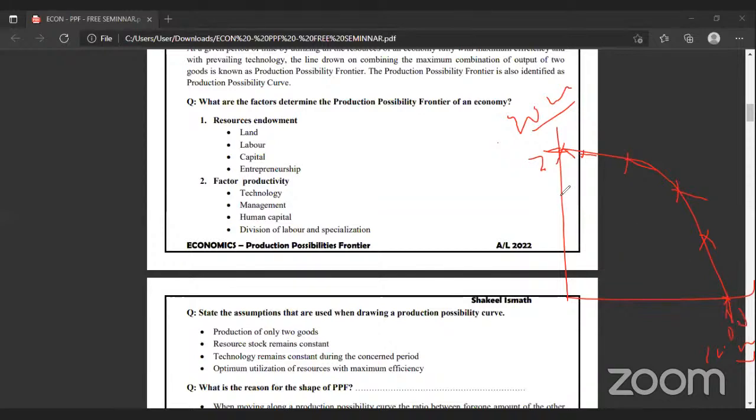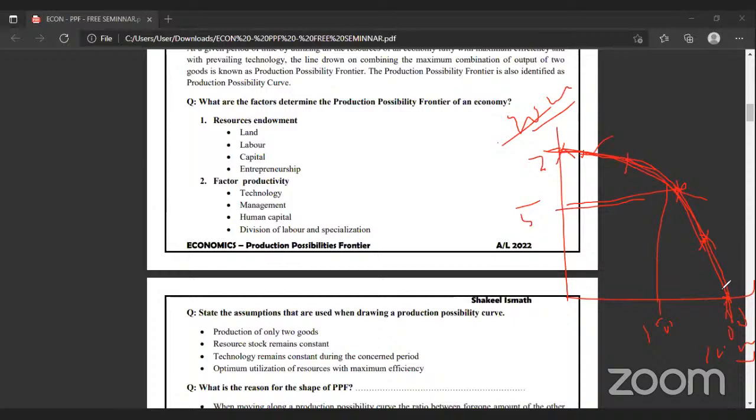Suppose they want to produce 10 houses of 1,000 square feet, as someone asked in the question. How many houses can they produce here? 5, right? 5 houses of 2,000 square feet they can produce. So these are possibilities. Likewise, there are many points. We connect all the possible points, and that is how we get the PPC curve, right?